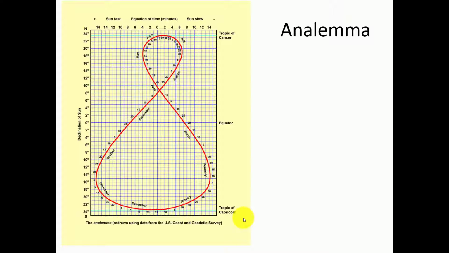So when you're using the analemma in your lab to calculate declination of sun, you will find the month and the date, and then you will read over to the x-axis.